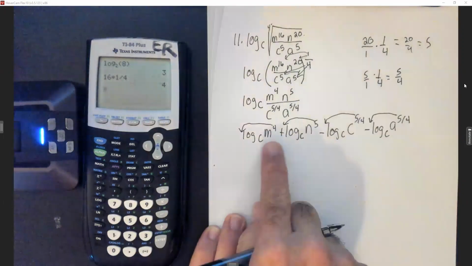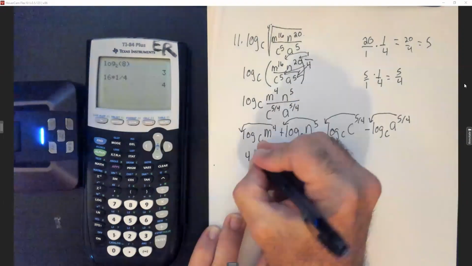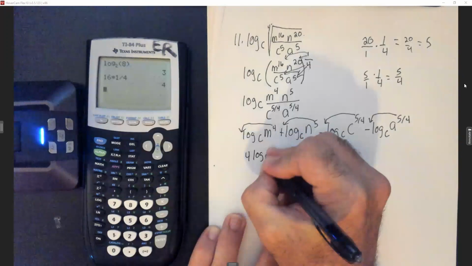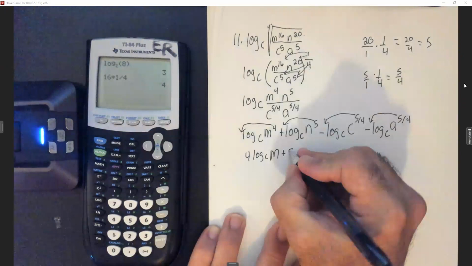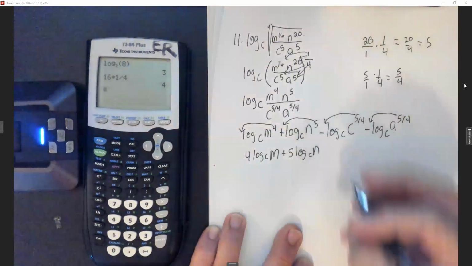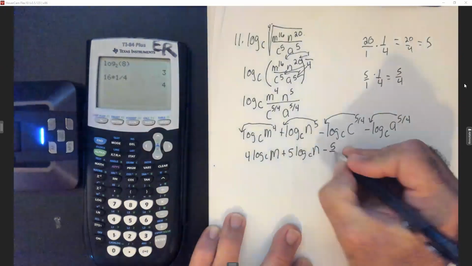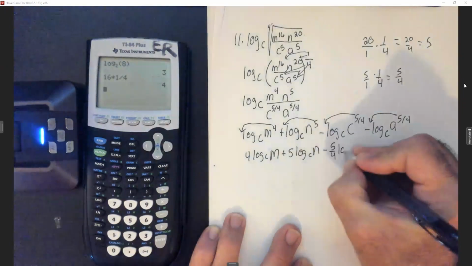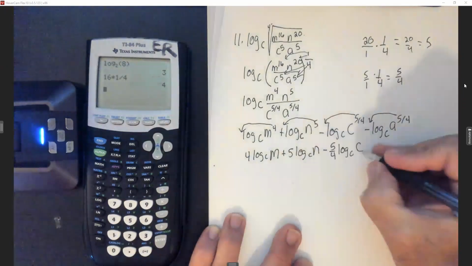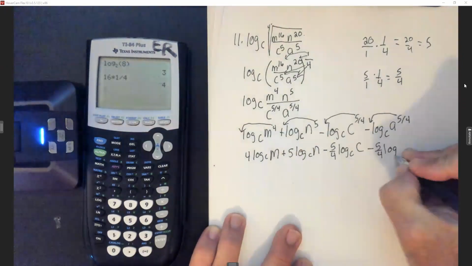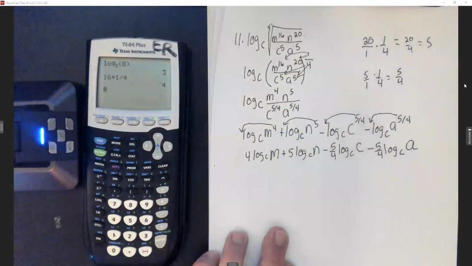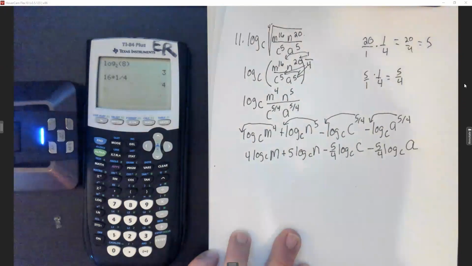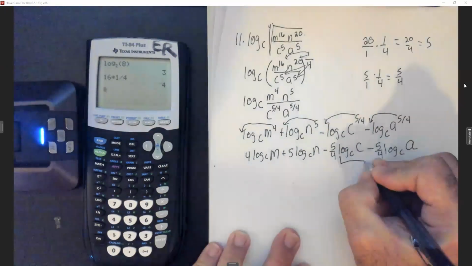So this will give me 4 times log C of M. This one will give me 5 times log C of N minus 5/4 log C of C minus 5/4 times log C of A. And y'all, it looks like I've got one more thing on this one to do because I've got a log C of C sitting here.